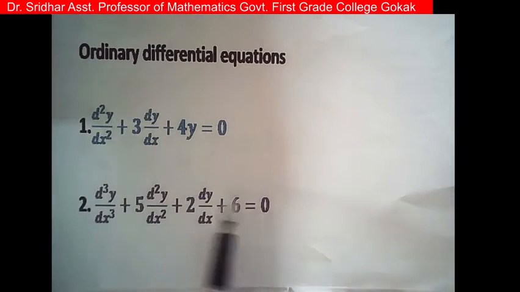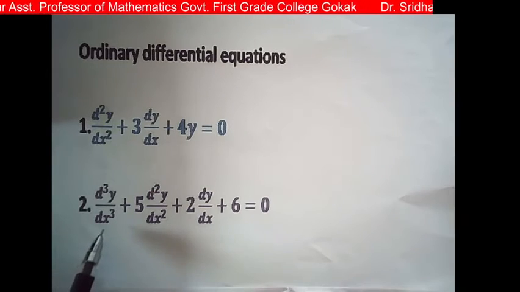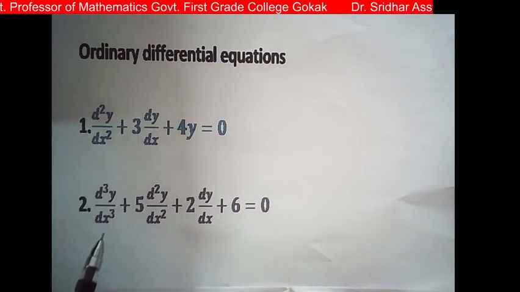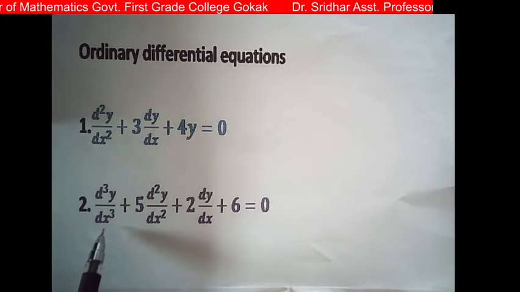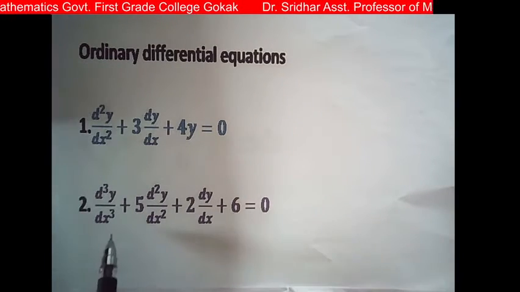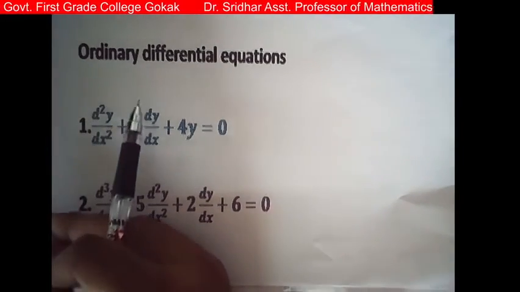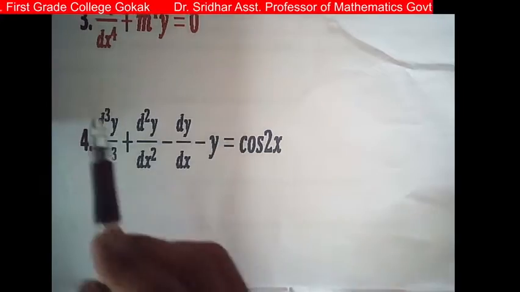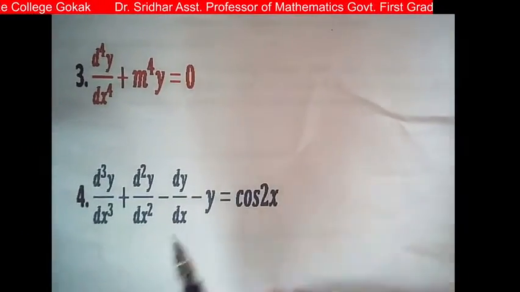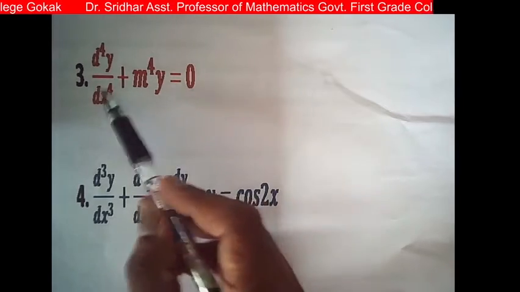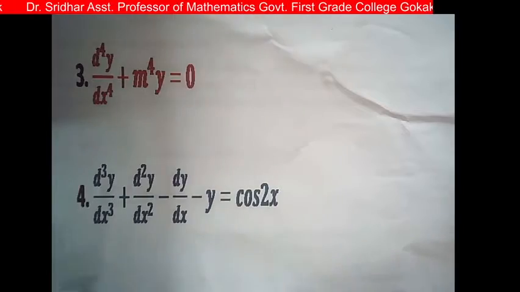Similarly, take the second problem. Here also we find only one independent variable, that is x. Next we go to another example, and similarly in these two examples, only one independent variable x.